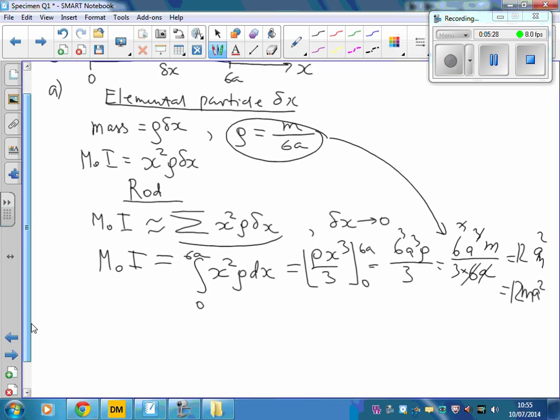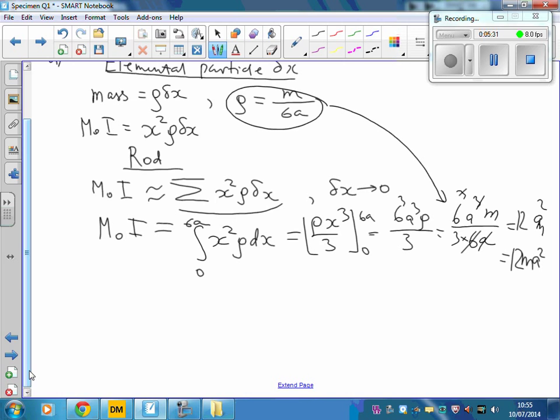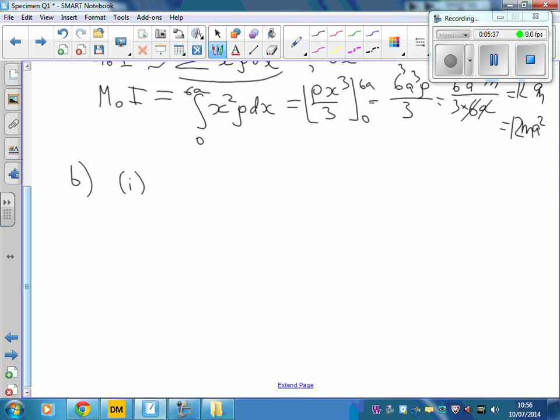Let's move on to part B now. Part B, we'll start with I. Now we have to consider the seat, which is made of two rods, OA and OB, each of length 6a, and a circular bit AB.